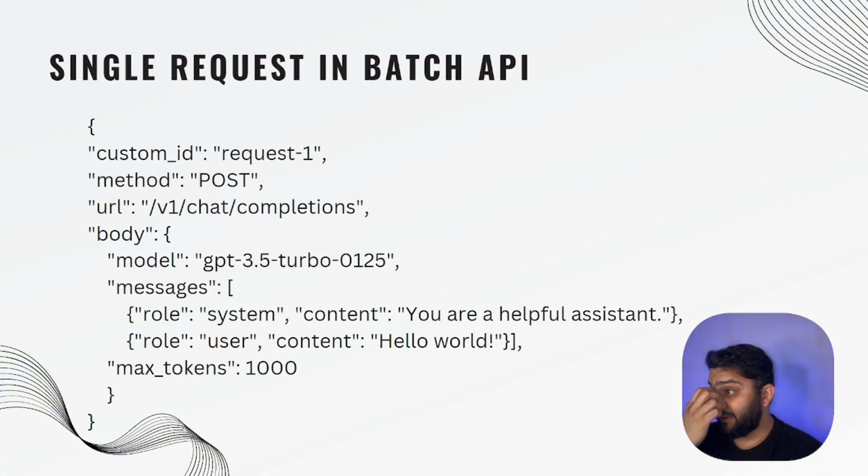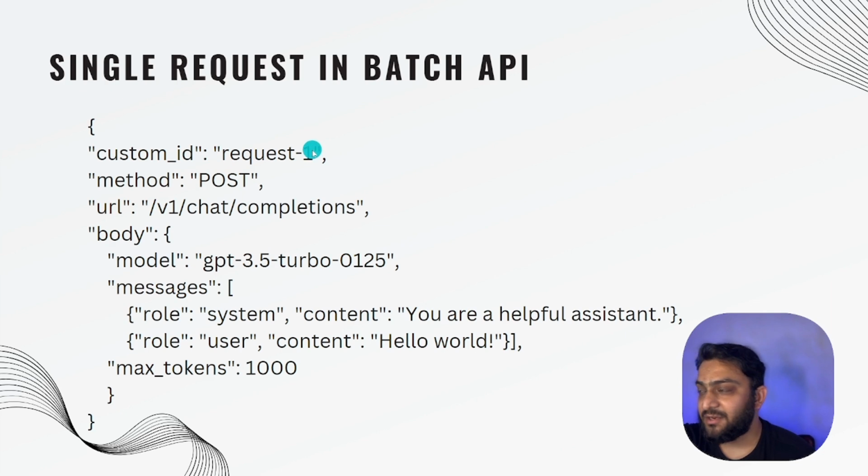Cool. This is how a single request looks, and you can have as many requests as you want, obviously fewer than 50,000. Each request would look something like this in your data file. It would have a custom ID, which is a kind of index per record. Here it says request 1.